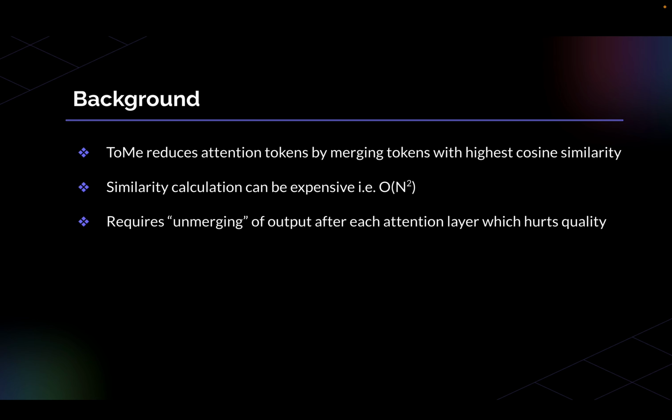Secondly, because when these tokens are merged, you want to keep the size of the image constant, you then have to unmerge the output of the attention layers to keep the image size constant throughout the network. And that can be almost the equivalent of upsampling an image after downsampling, and that can hurt quality.